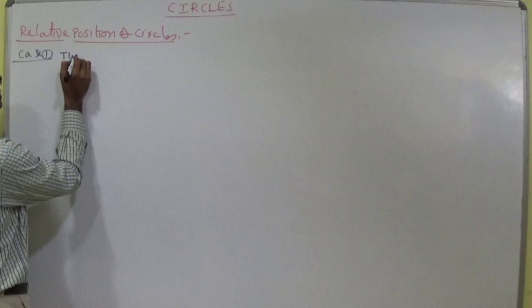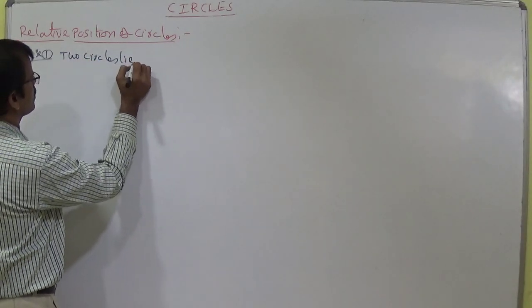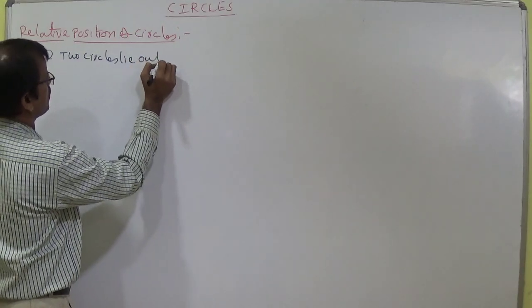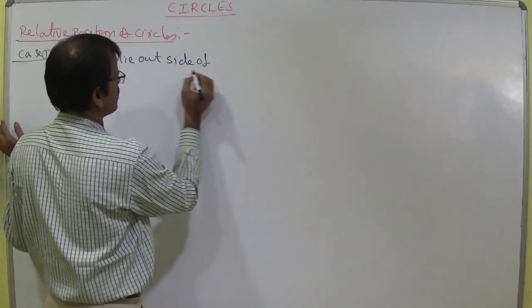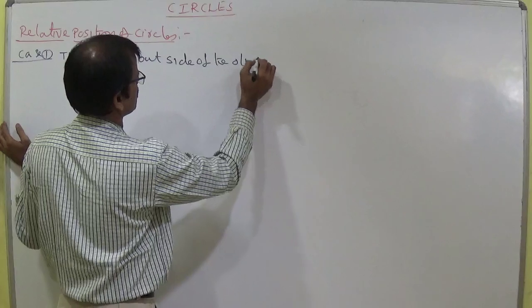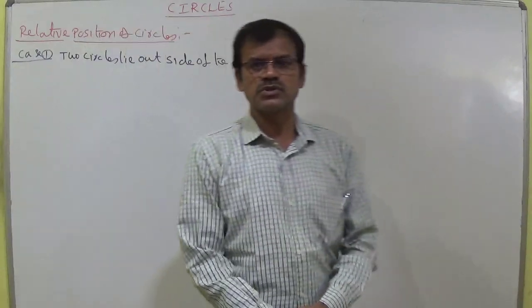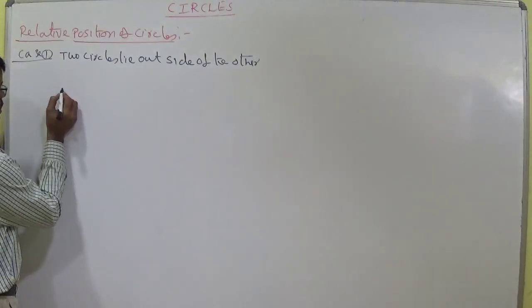2 circles lie outside of the other. Now let us draw the diagram.